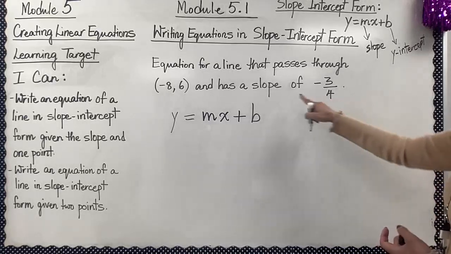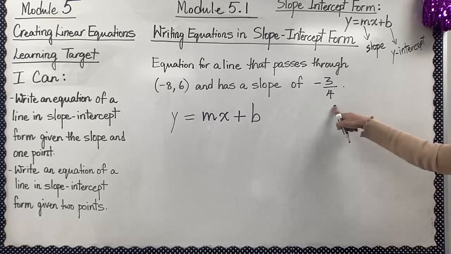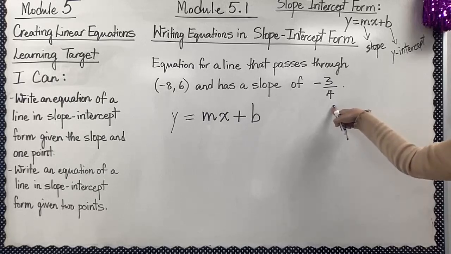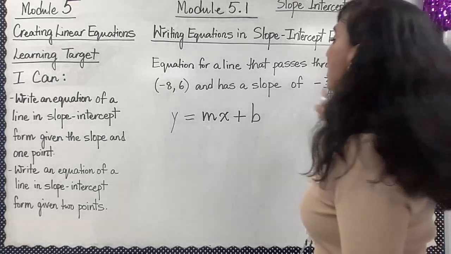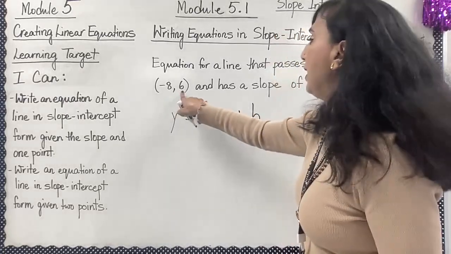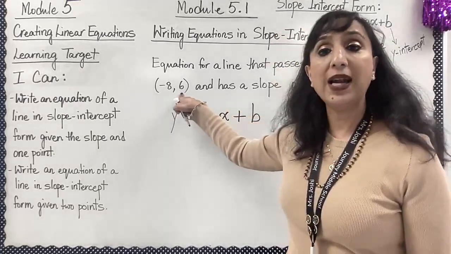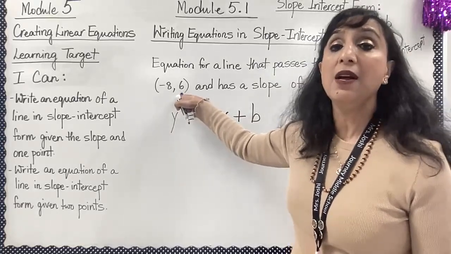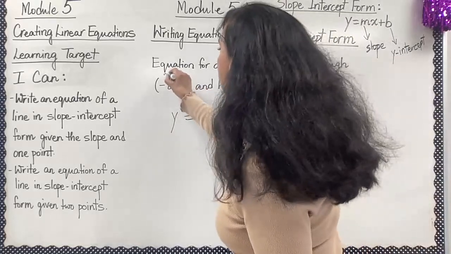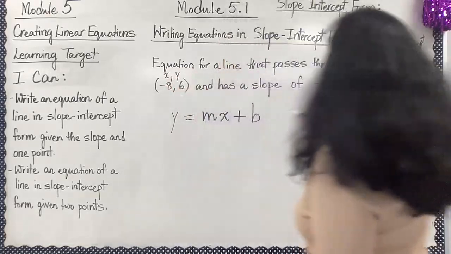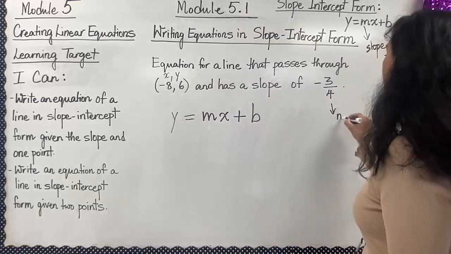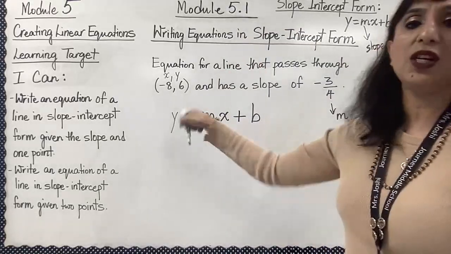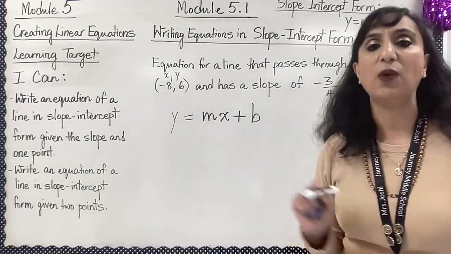And I have my coordinates of x and y, but I don't have the y-intercept. That's what I'm going to try and find. This is x, this is y, and this one here is m. I'm going to substitute these values into the equation.